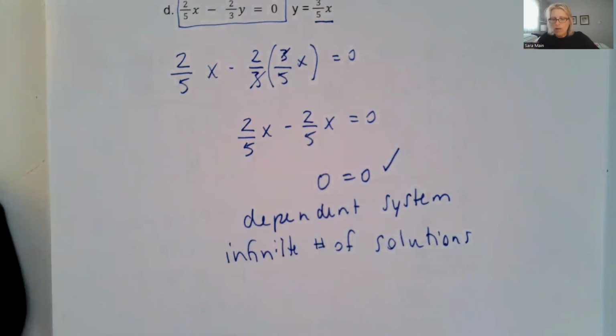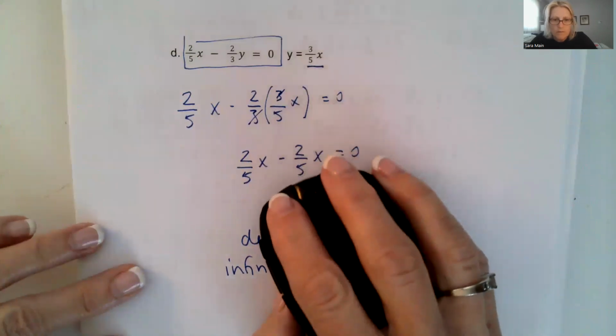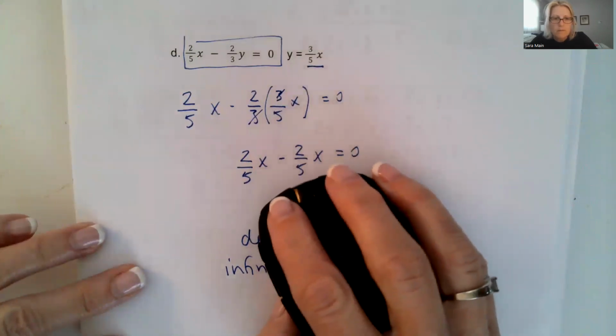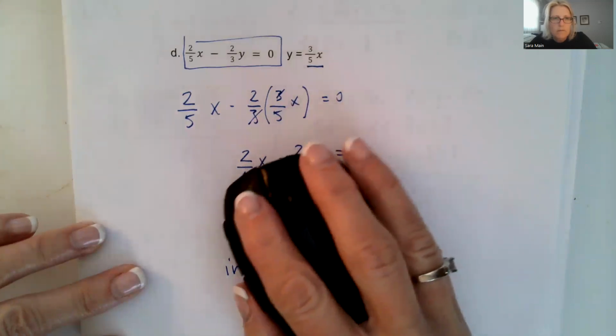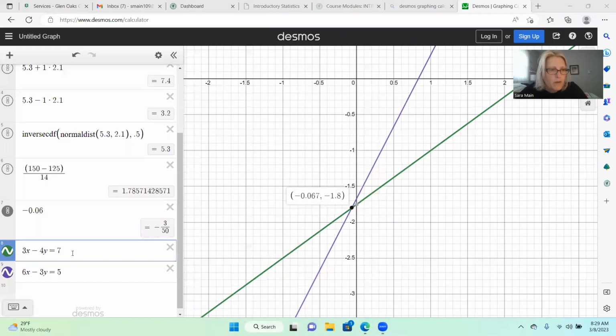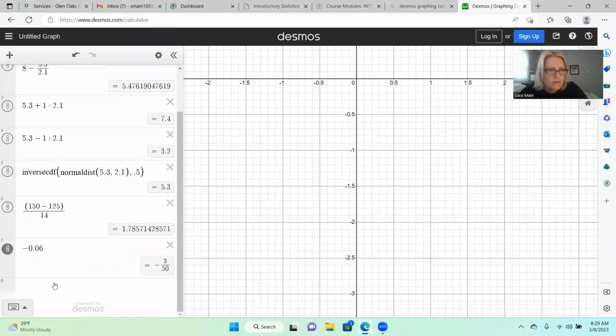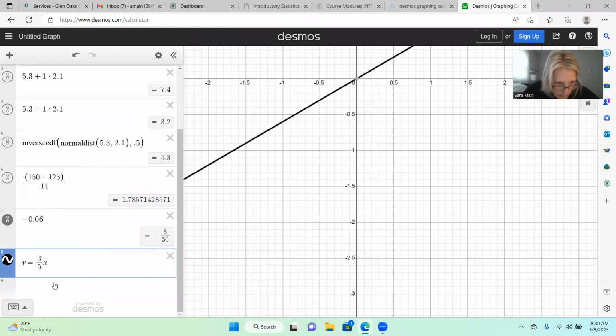And I'm going to show that by taking the decimals. I'm going to export these. So my first equation is y equals 3/5 x.